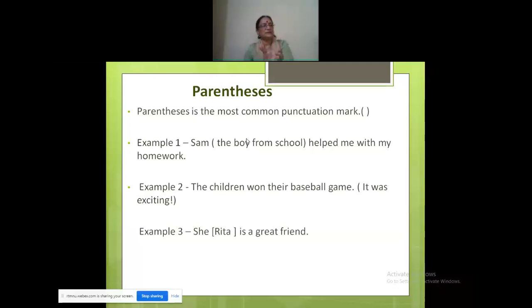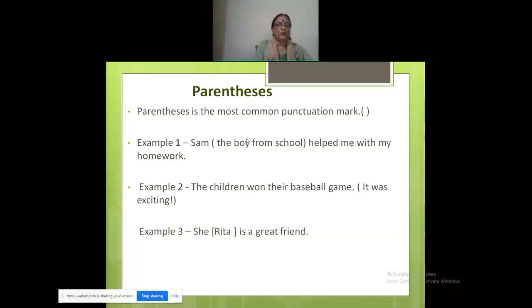This is the extra information about Sam. I can also put it within commas. Without it, the sentence would also be correct. Sam helped me with my homework is the original sentence. The boy from school can be expressed in parentheses or in commas. Both options would be correct.